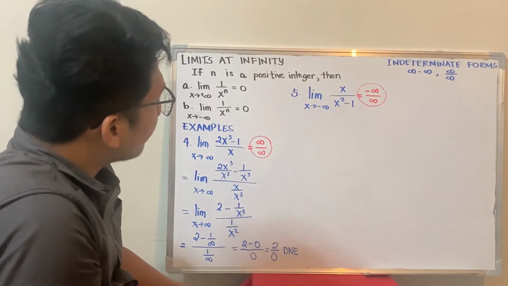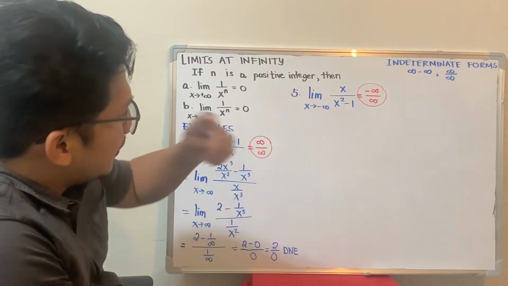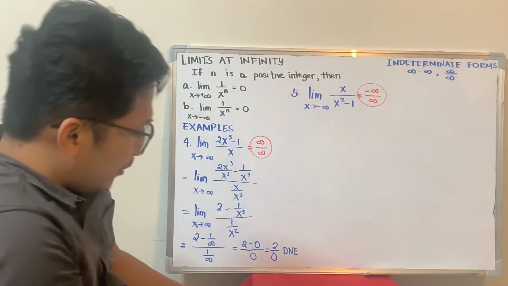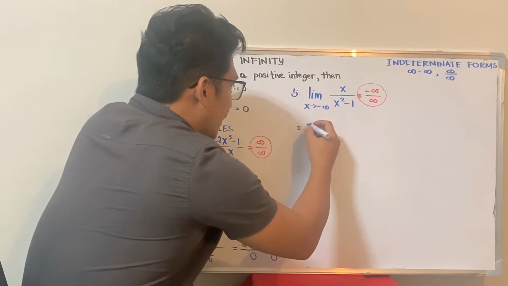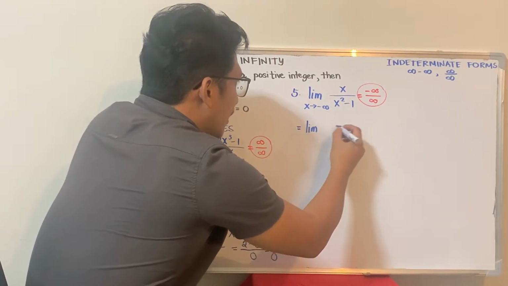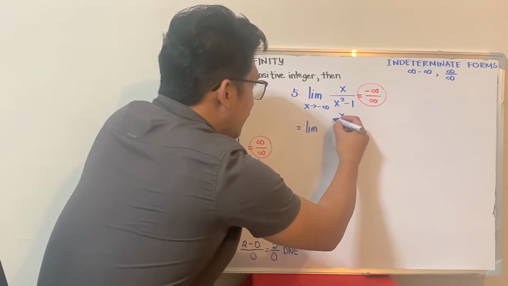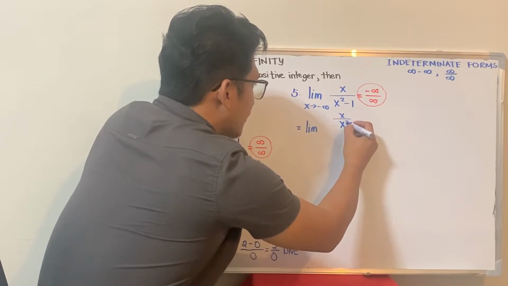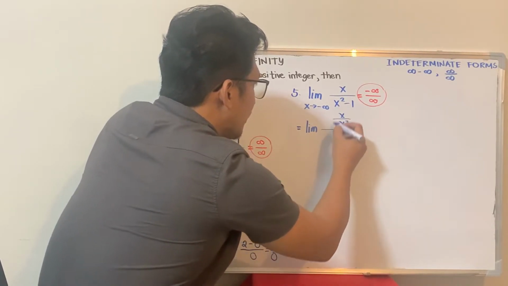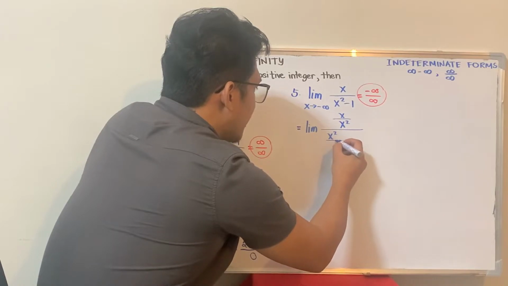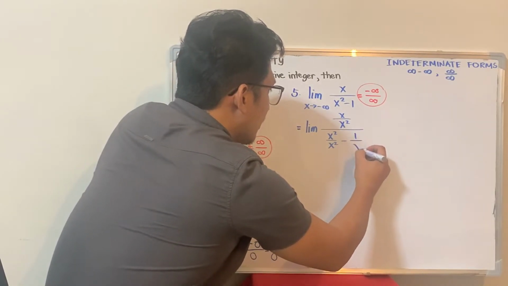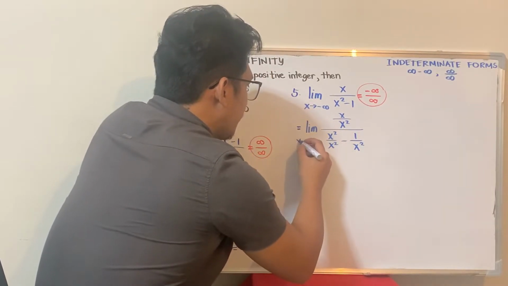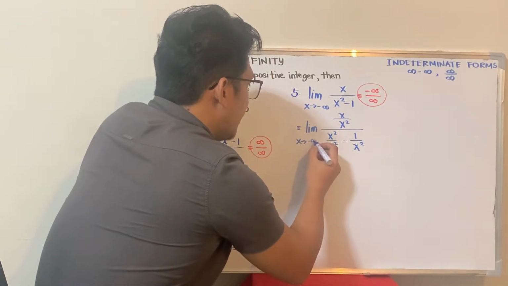Same story, the highest exponent here is squared. So what you will do is take the limit, divide x by x squared, all over x squared divided by x squared, and 1 also divided by x squared, as x approaches negative infinity.